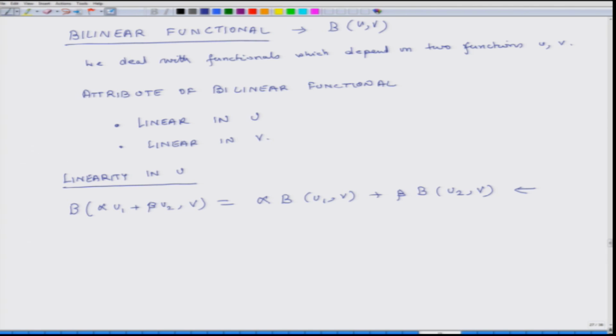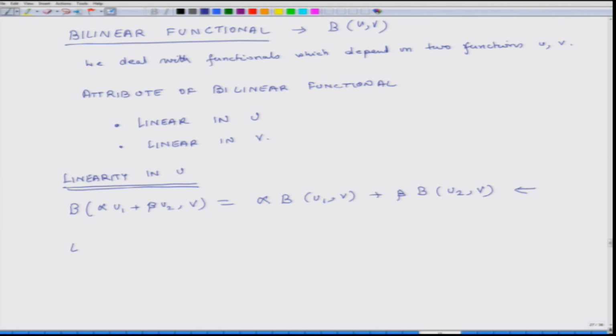A bilinear functional has to be both linear in u and linear in v. So if u itself is a sum of two functions u1 and u2, and I compute the value of the functional for u1 alone and u2 alone and add those two up, it should be the same as the value of the functional calculated using u1 plus u2. That is what it means.